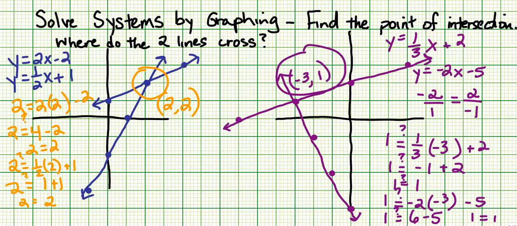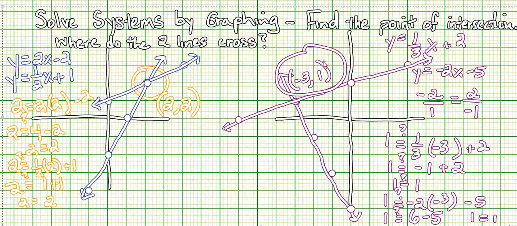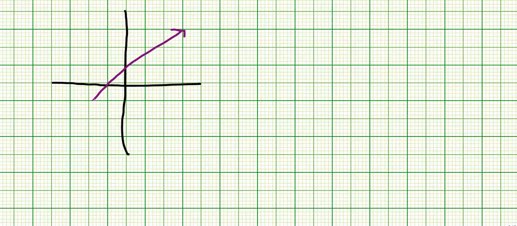Okay, we're still going to solve systems by graphing, but I do want to show you a couple scenarios here. I'm not going to necessarily give the equations right away, but let's say I've got my coordinate plane here, nice and straight, as always. And I draw my first line, and it kind of ends up like this. And I draw my second line, and I find out, hey, wait a second. Whoops, yeah.